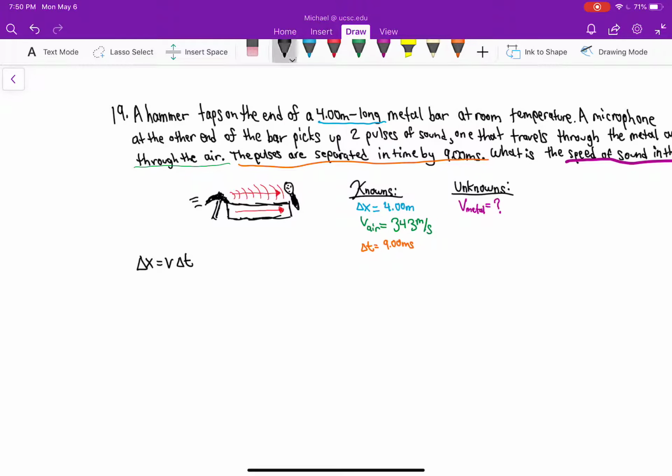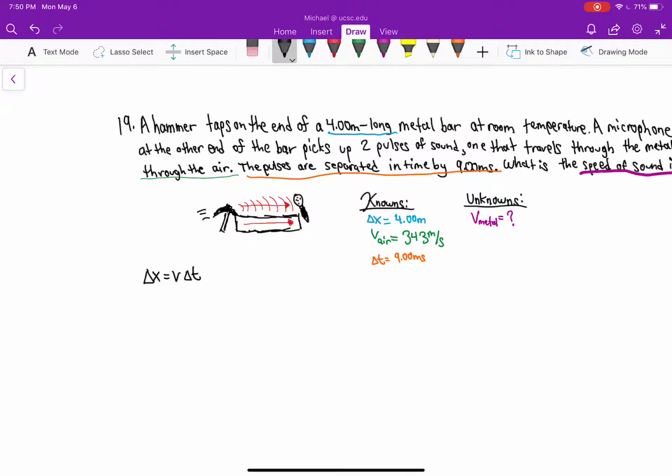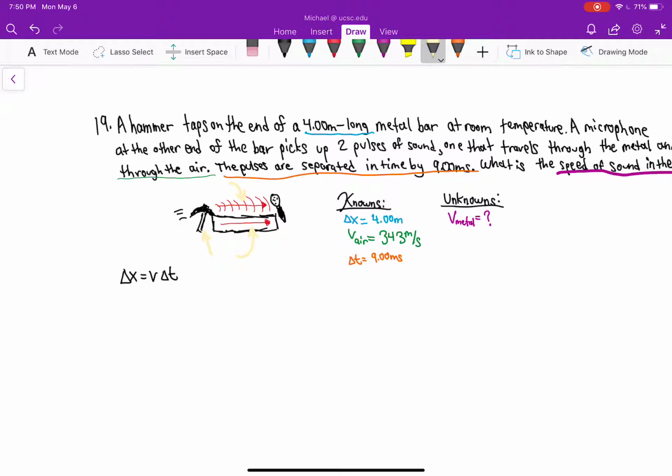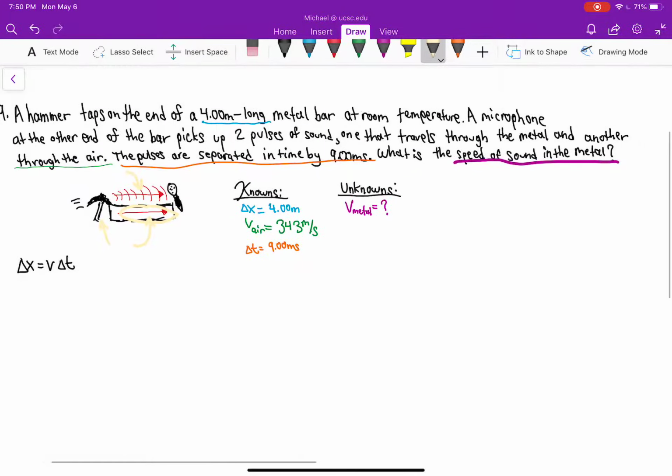So I went ahead and drew this little diagram of this hammer banging on this metal, and we see the wave in the metal and the wave that travels through the air. And we want to know the speed of this one. So I put down our knowns and unknowns.